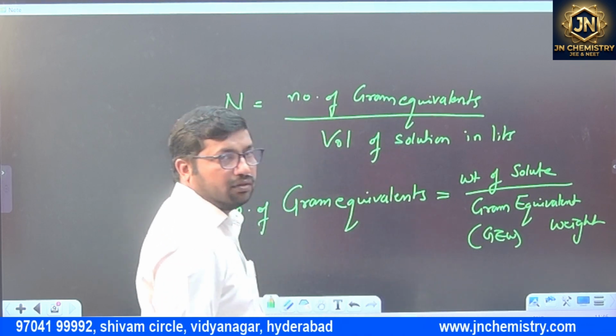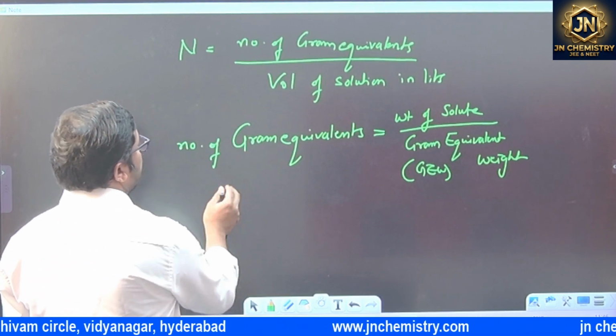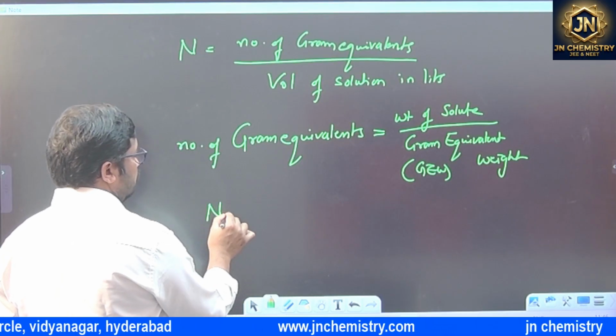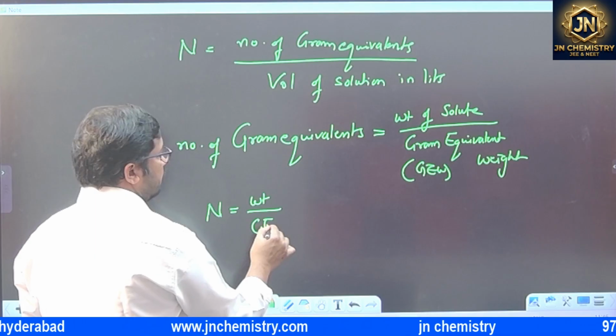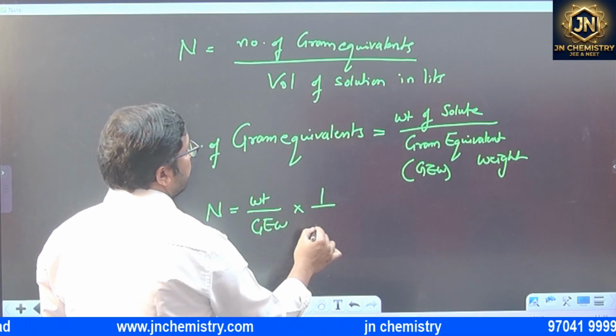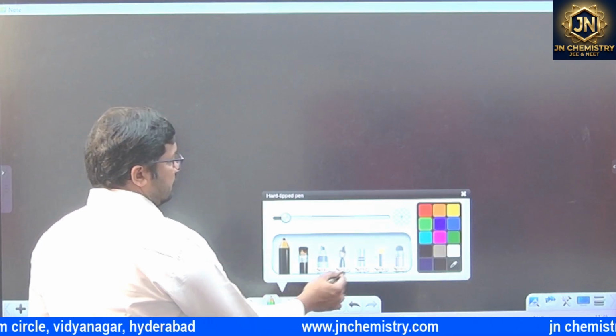Write it down. From above, we can replace this formula. Normality is equal to weight of solute by gram equivalent weight into 1 by V liters of solution. What is gram equivalent weight?